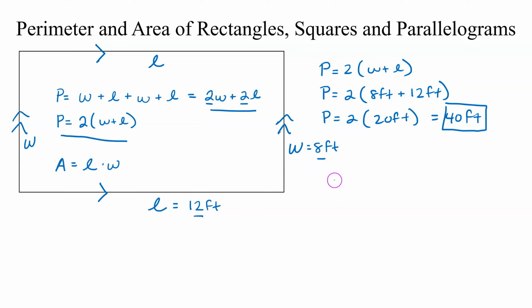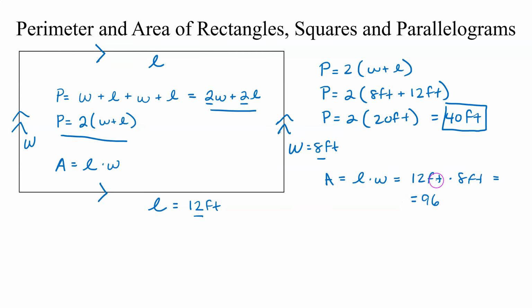So for this same example, our area would be length times width. Our length was 12 feet, and our width was 8 feet. So in order to figure this out, we're going to do 12 times 8, which is 96.